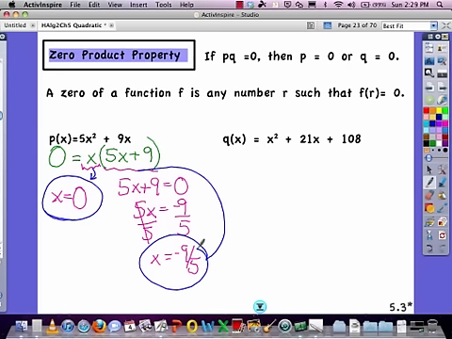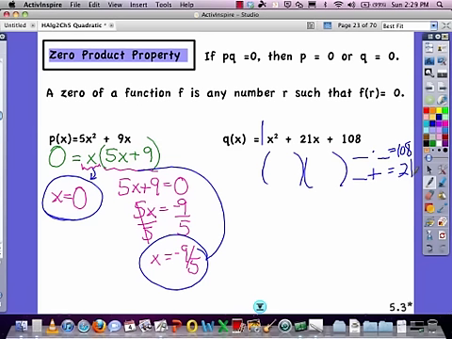So let's try, last but not least, q of x. Making these zeros first means you better factor. This looks like the chart method because I don't have an a term other than 1. So I'm going to say, what multiplies to give me a 108 that adds to give me 21?